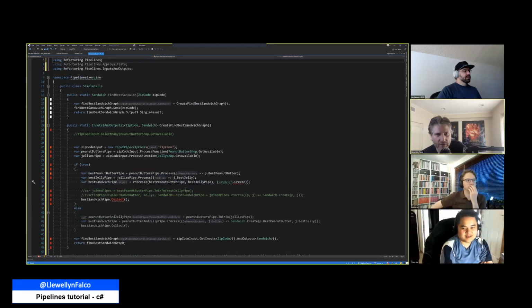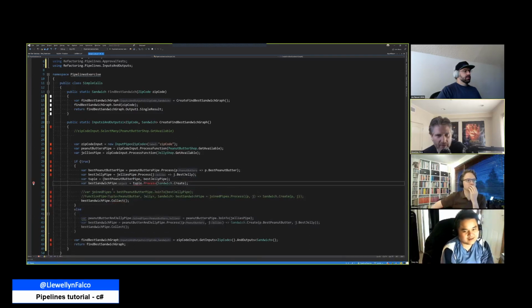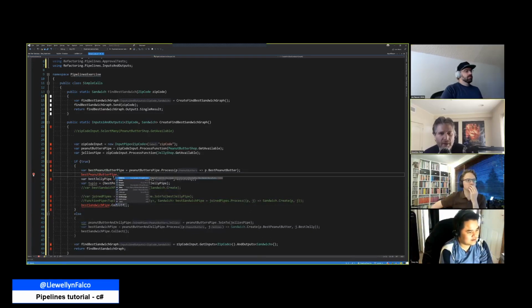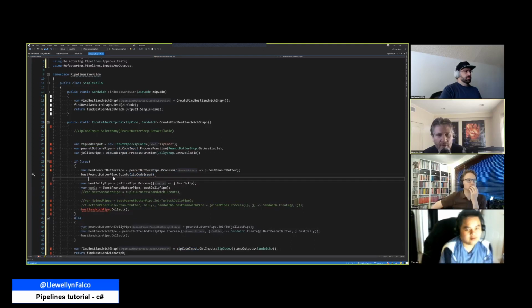So the best peanut butter pipe. There we go. I want to do a join to the zip code input, and then I want to take the jellies pipe on line 27.